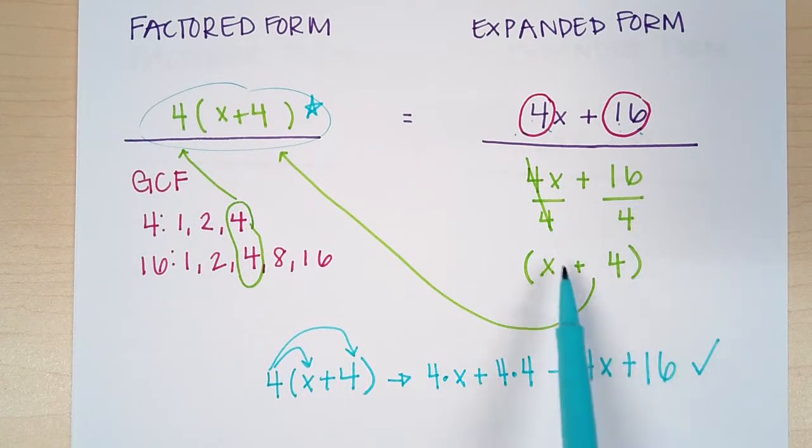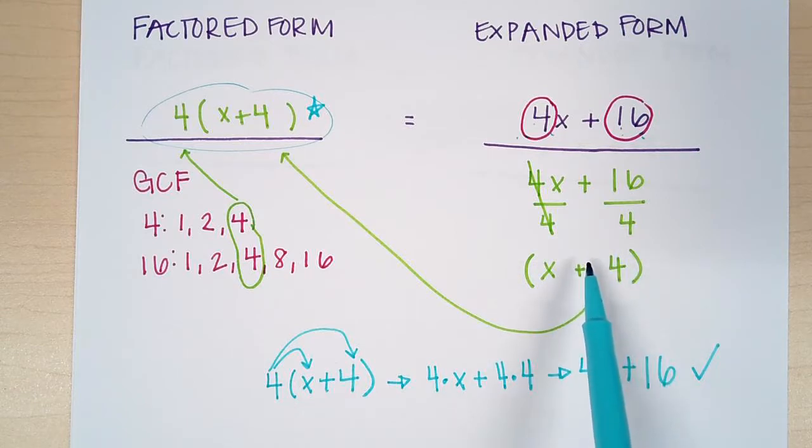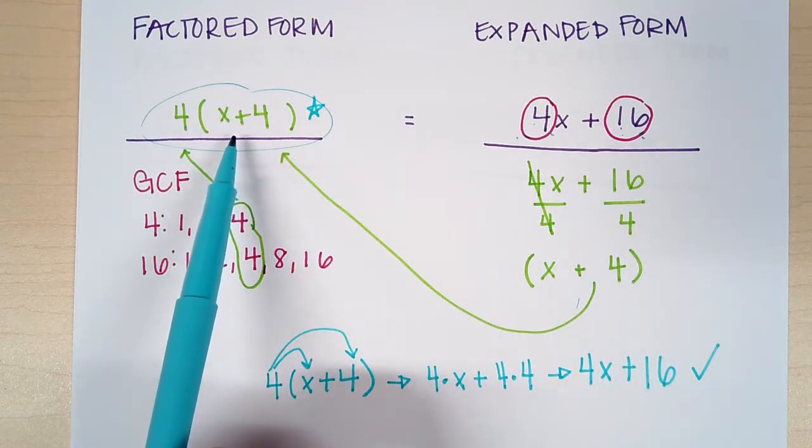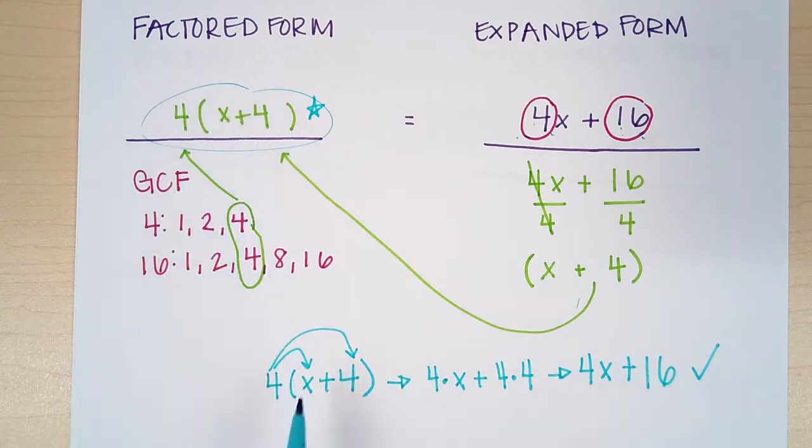Then, once I finish that division and I've got my final two terms, that's what goes inside. I take my new factored form and I distribute out to check my work. If my end expression, my expanded form, matches my original expanded form, then I've done it correctly. If not, I'd need to go back through and check that GCF and check my division here.